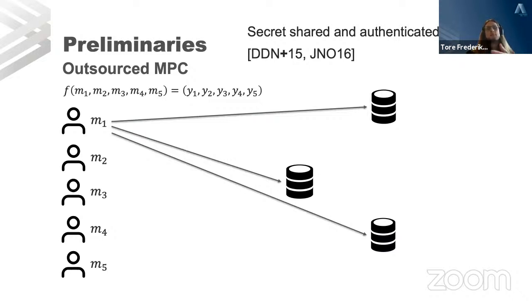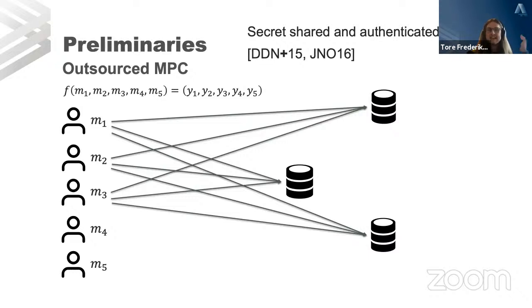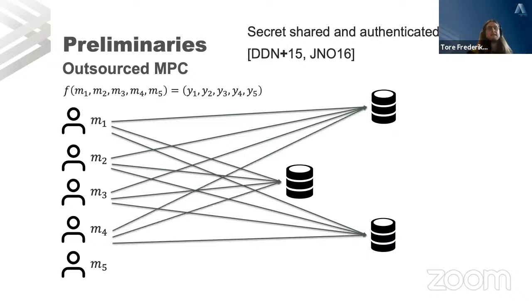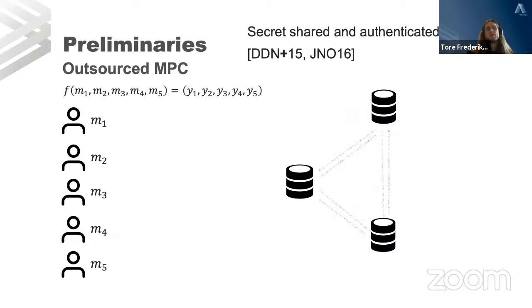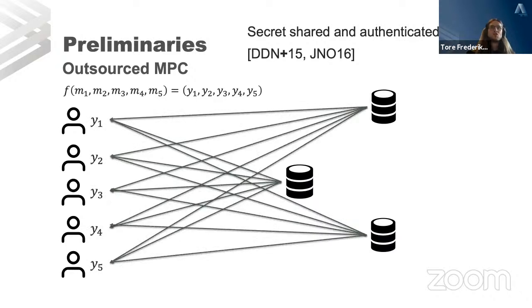The overall idea is that each user constructs a secret authenticated share of their input and sends this to the servers, which the servers then use as input to the MPC computation. In the end, the servers in MPC construct a shared output that's also authenticated and secret shared, which they can then send to the users in order for the users to finally learn their respective output.